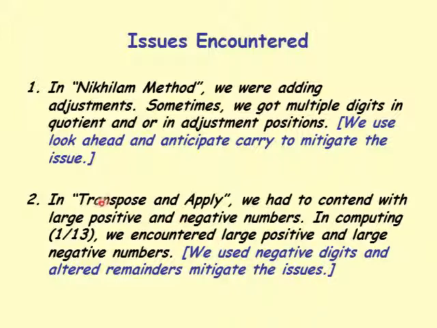When we got into dividing 1 by 13, in the quotients we had 1, the next quotient value was minus 3, next plus 9, next minus 27, next plus 81, and so on. In that case we used the negative digits and also the altered remainder methods to mitigate the issue.